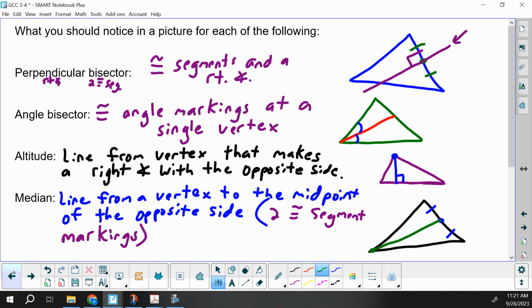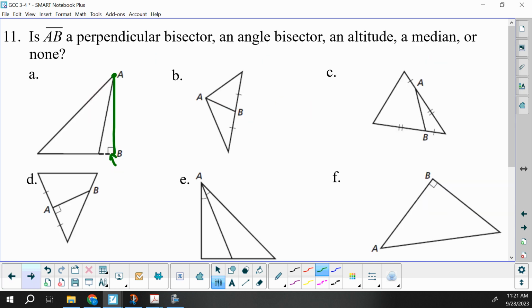It's either the perpendicular bisector or the altitude. Perpendicular bisector makes a right angle at the midpoint. Altitude starts at the vertex and makes a right angle with the opposite side. And it could be that side extended. Well, notice B is not at the midpoint. There's no congruent segment markings. So therefore, AB here is an altitude.